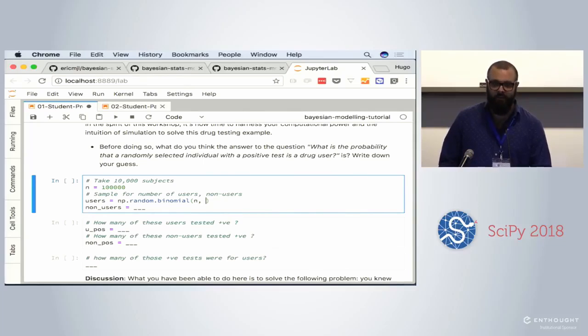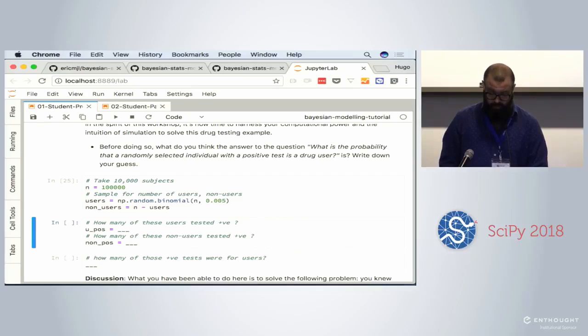What proportion of people are users? I messed this up at one point when I was actually writing this. 0.005 exactly. Okay, 5 in 1,000. And that's it. So, how many non-users are there? It's n minus the number of users. So I execute that, we're good, okay?